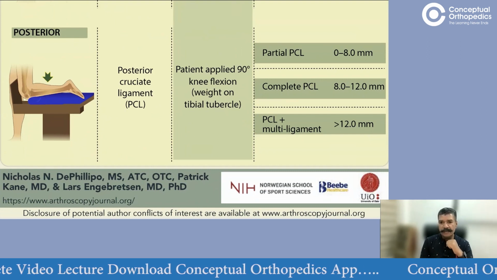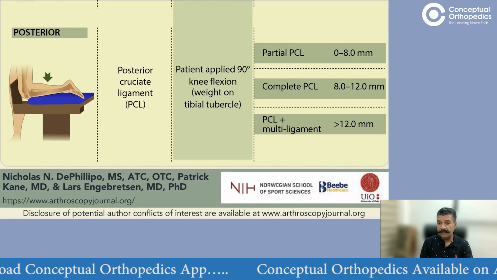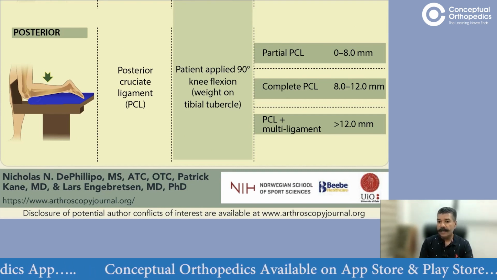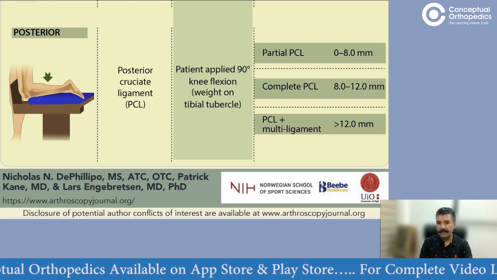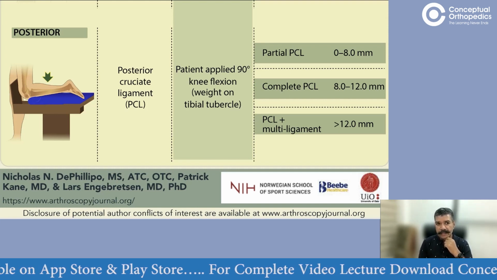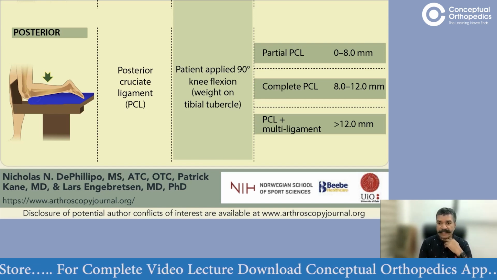An MRI is a very poor test of PCL injury. You may have a PCL injury with an MRI showing you an intact PCL, but that may be an elongated PCL. The MRI cannot tell you whether the PCL has healed at its full length or in an elongated position. So that is where the role of these posterior stress or posterior kneeling stress views comes into question.